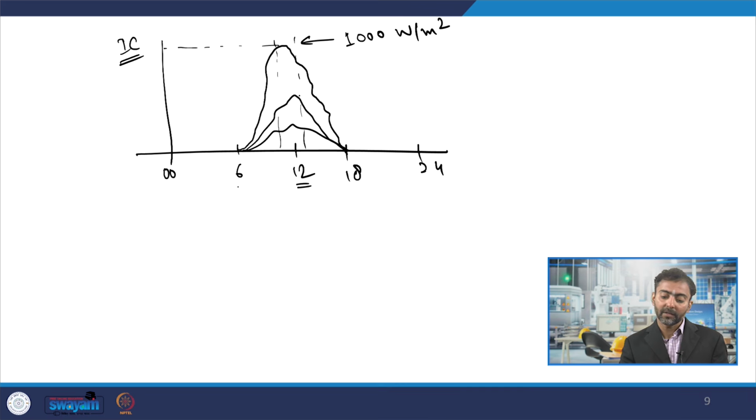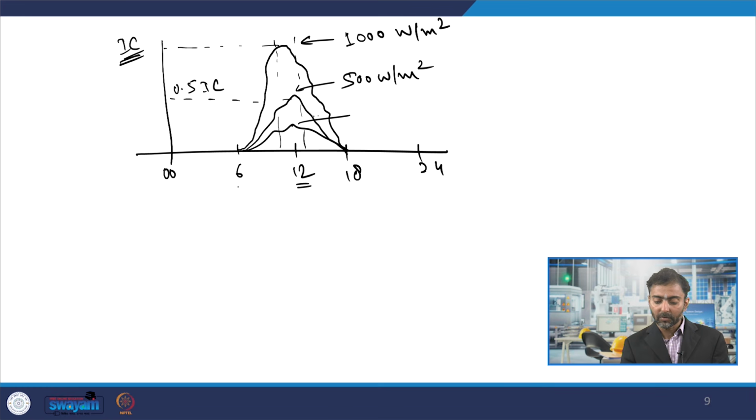If the radiation is 500 watt per meter square, the peak of power might be half of the actual. So this is what we are calling the installed capacity. In this case, this is around 0.5 times the installed capacity.